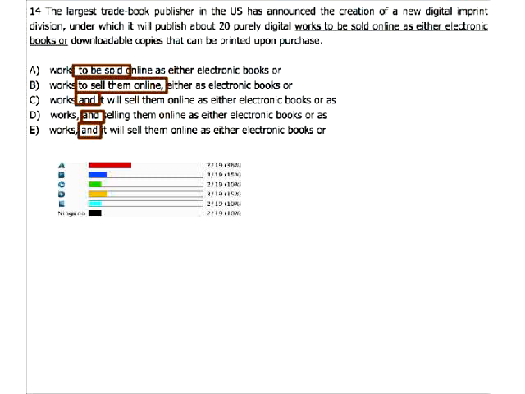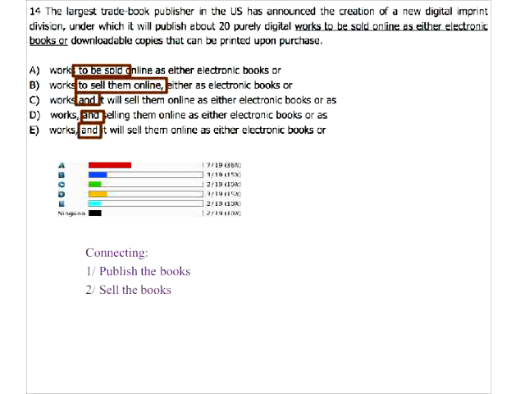The meaning of the sentence here. We have two things that we're connecting. Number one, it will publish the books. And then number two, sell the books.